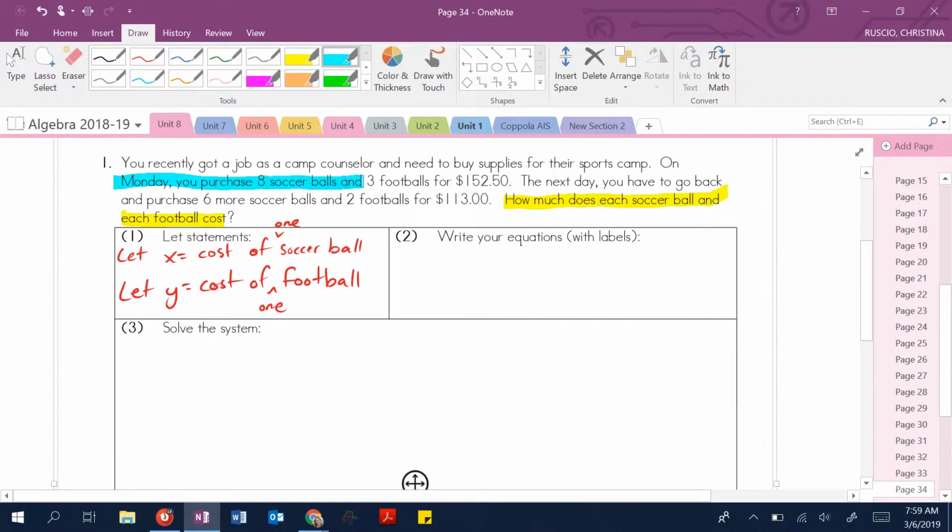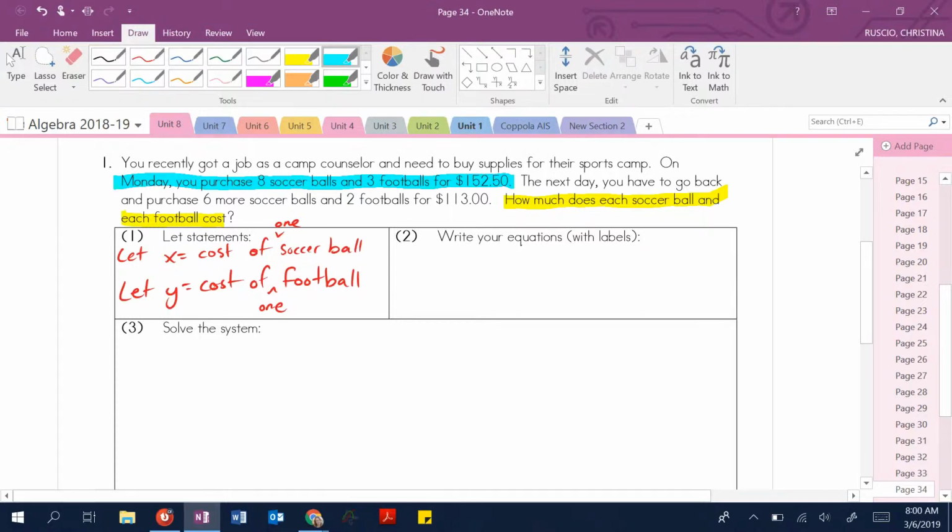So I'm going to look at this right here. This is equivalent to saying that 8 costs of the soccer ball added to 3 costs of the football will equal $152.50.